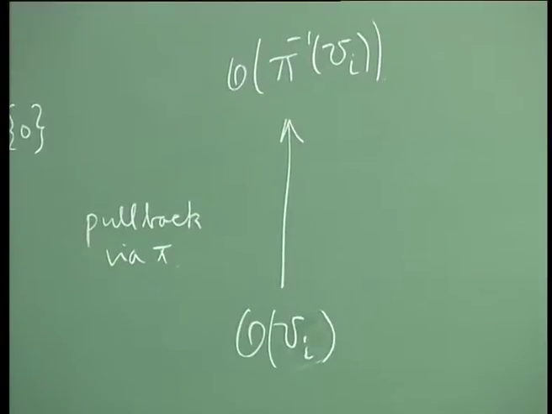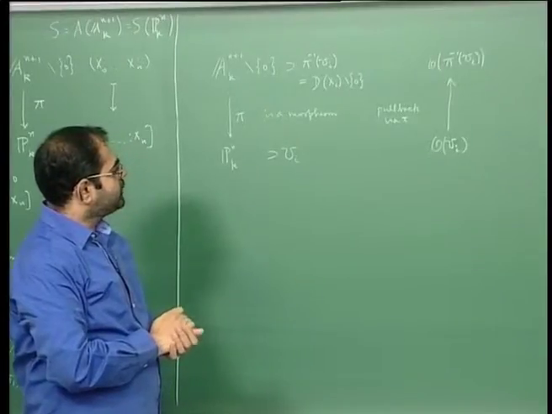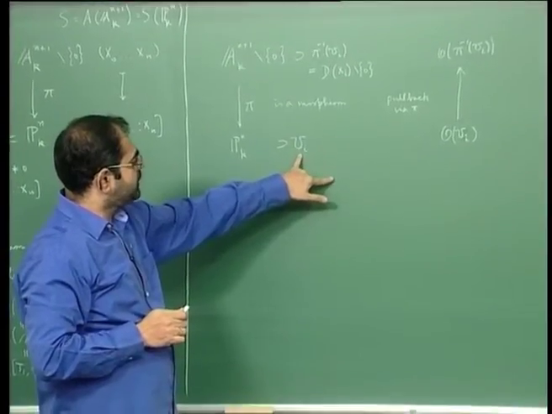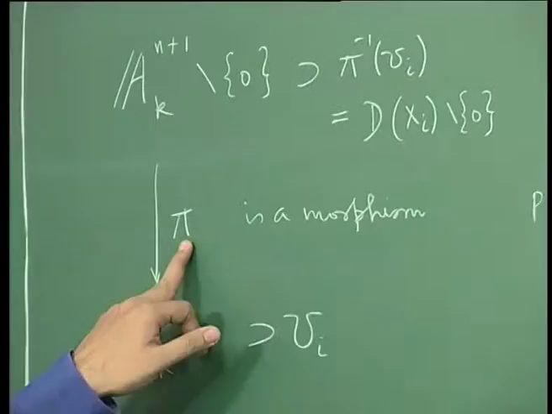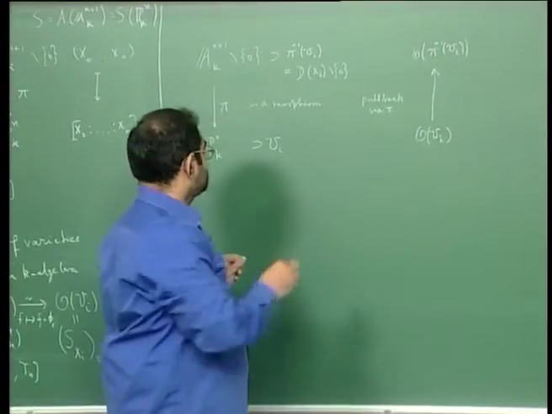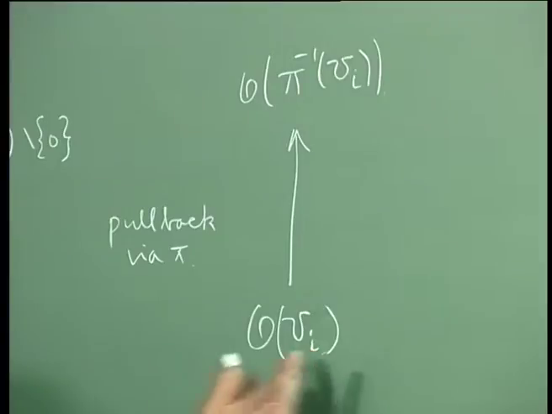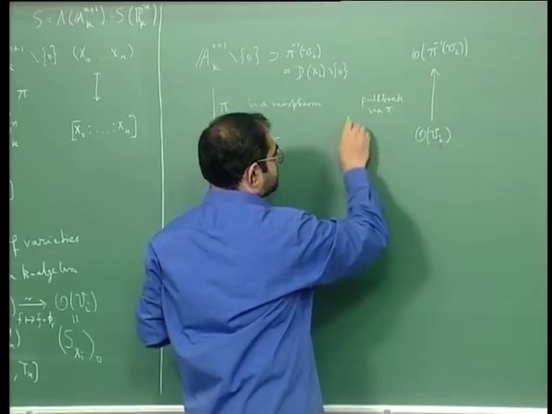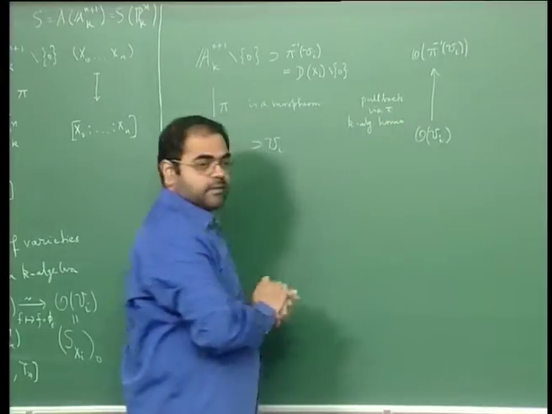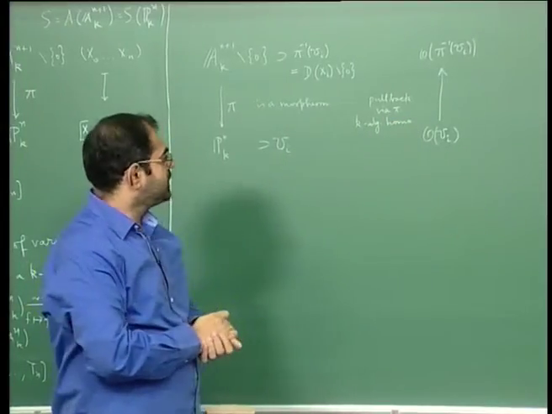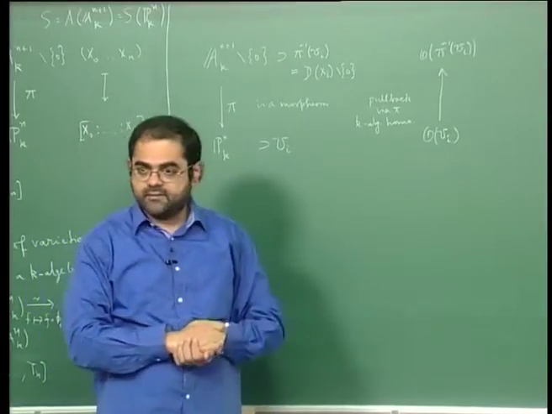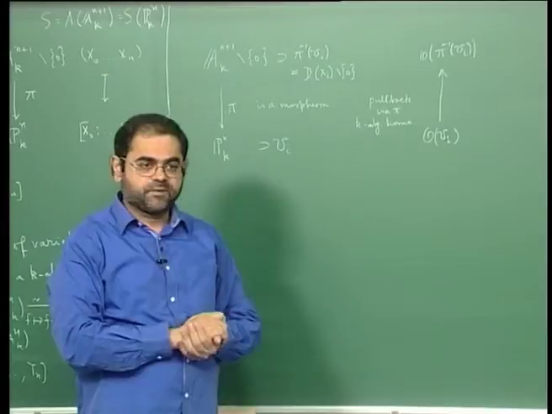Namely, you give me a regular function on ui, you compose it with pi, and I will get a regular function on pi inverse ui. This is the pullback map, and of course this is a K-algebra homomorphism. Any morphism of varieties will induce a K-algebra homomorphism which corresponds to the pullback of regular functions.